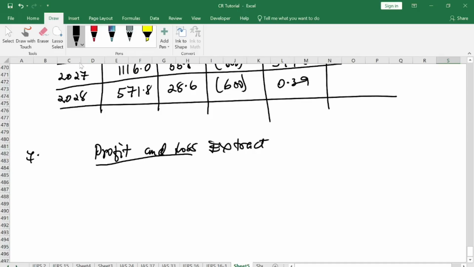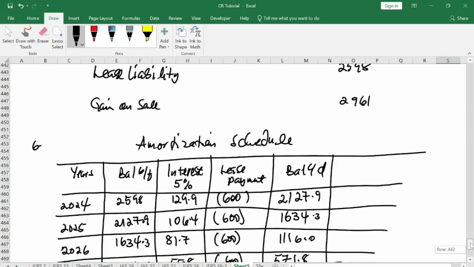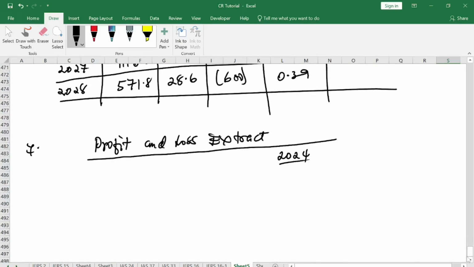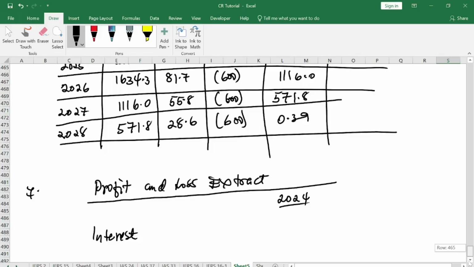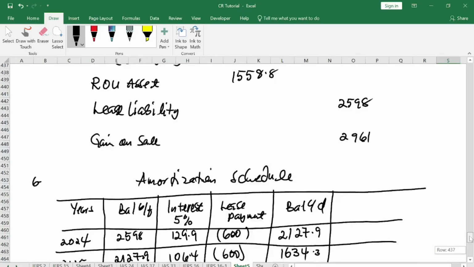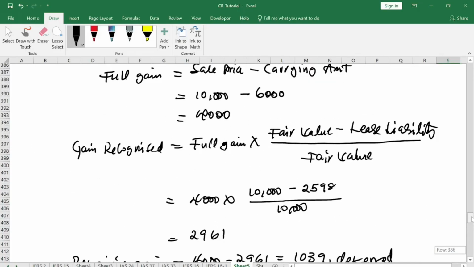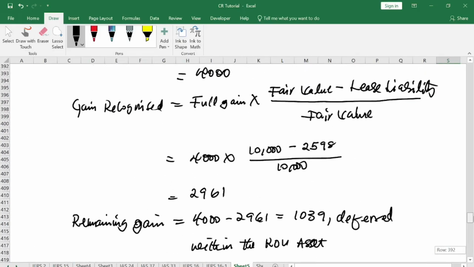If we are to do our statement of financial position for year 1, 2024, the rest will follow the same. For year 1, our interest payment will be 129.9, and for the other year 106.4. Then the gain on sale, what did we say? We had 2961. Then depreciation.